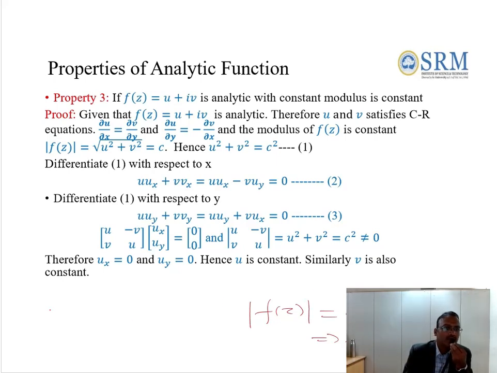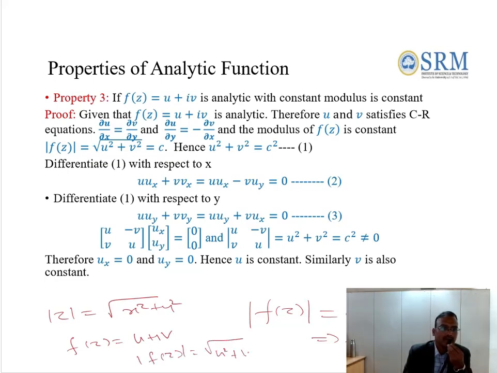The modulus of f of z, where f of z equal to u plus iv, is under root u square plus v square. Let me call this c. If we square on both sides, u square plus v square equal to c square. Let us call this equation number 1.